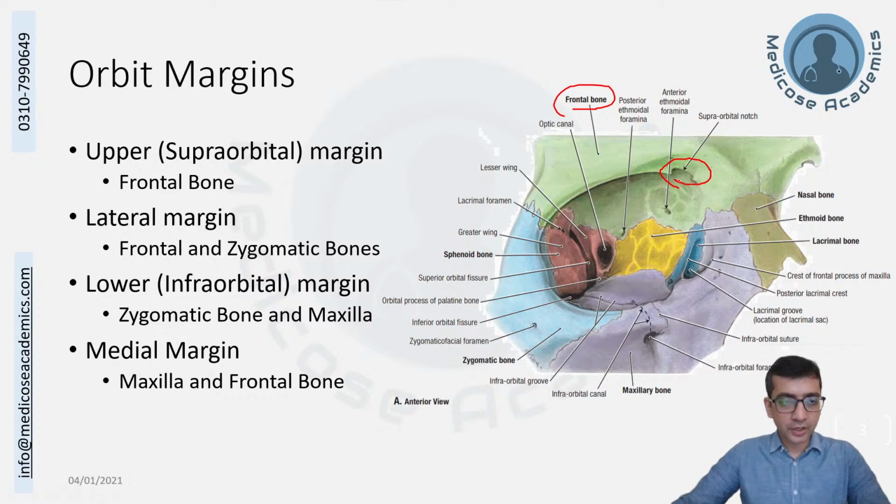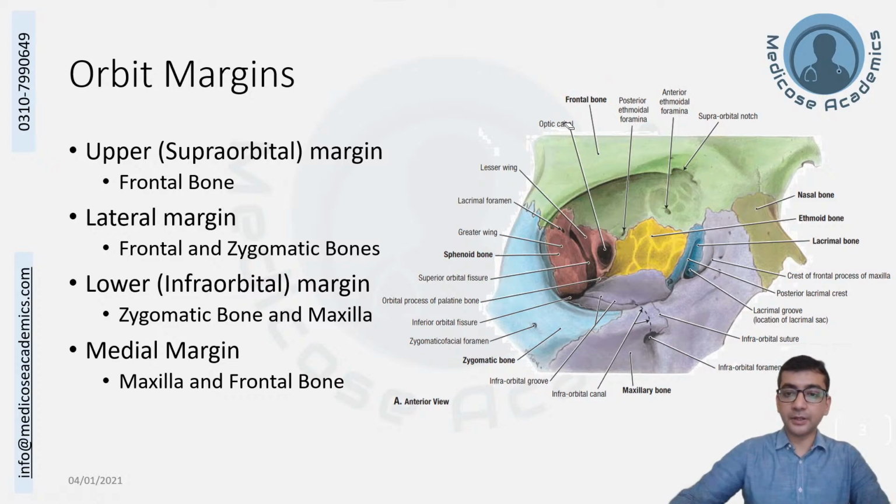There may be a presence of a notch, or in case of some people, a foramen. For a foramen, the continuity of the bone will be intact, but there will be an opening right here. So there will be a notch or a foramen that is known as supraorbital notch or foramen. So these are the features of the upper margin.